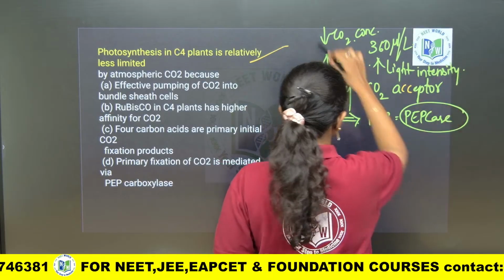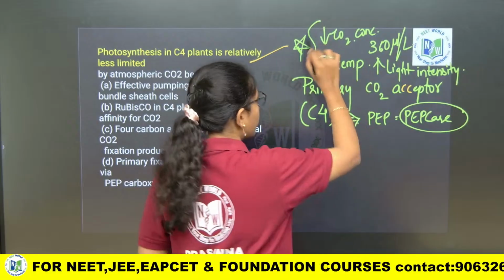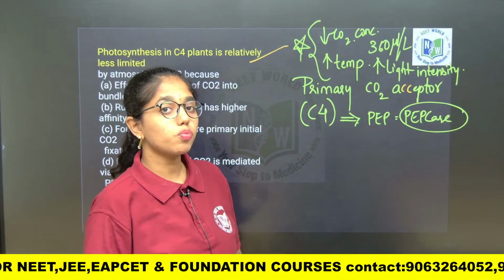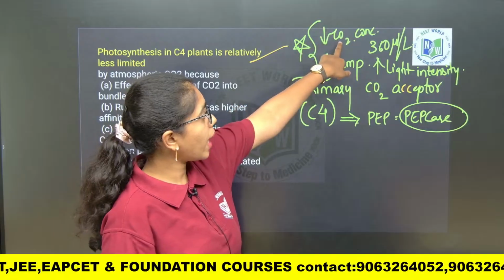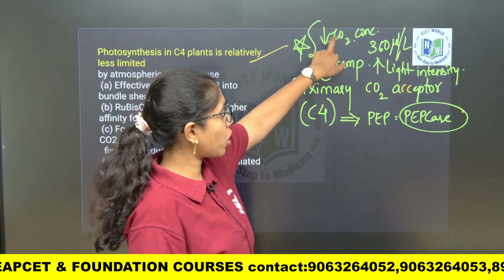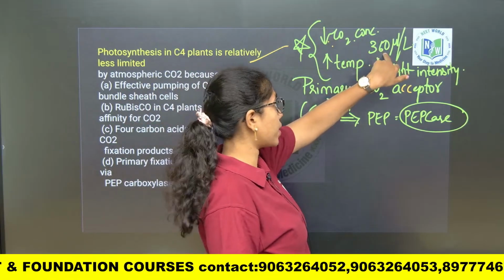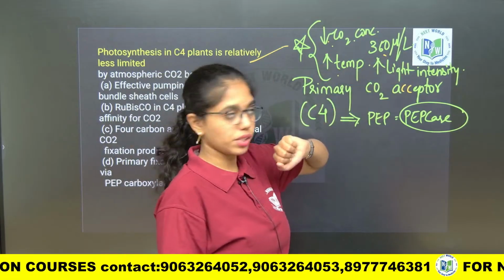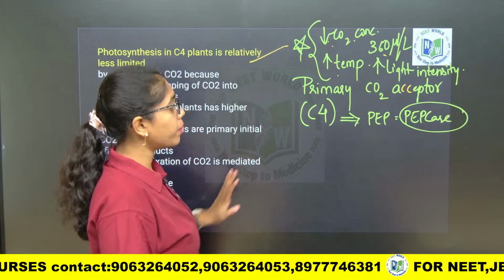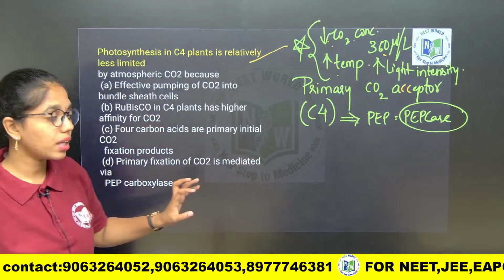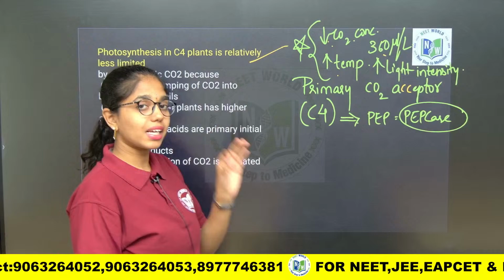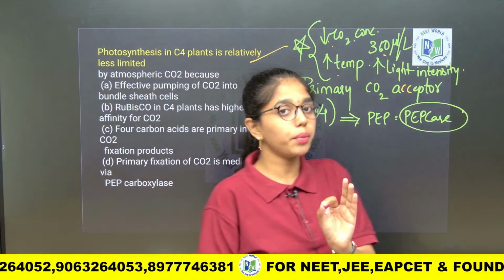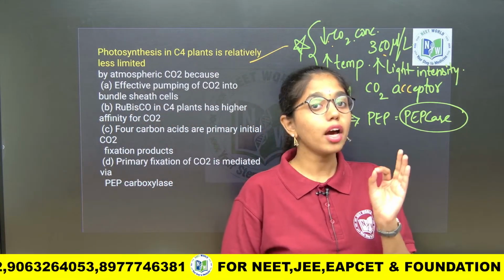Take it down, this is very important. And the primary carbon dioxide acceptor PEP is catalyzed by PEP carboxylase, which will react only with carbon dioxide, unlike Rubisco.